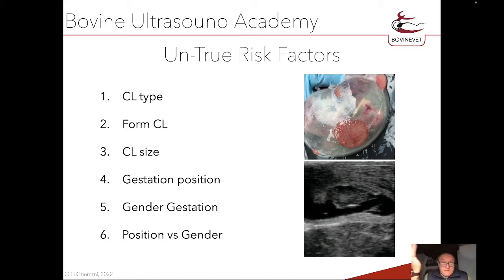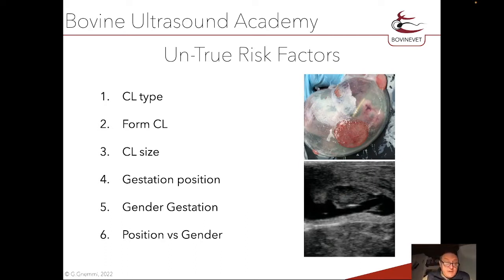Is there any scientific evidence that the risk of gestational losses can be related to the presence of right or left gestation? And is there a different predisposition to gestation losses due to the sex of the gestation?